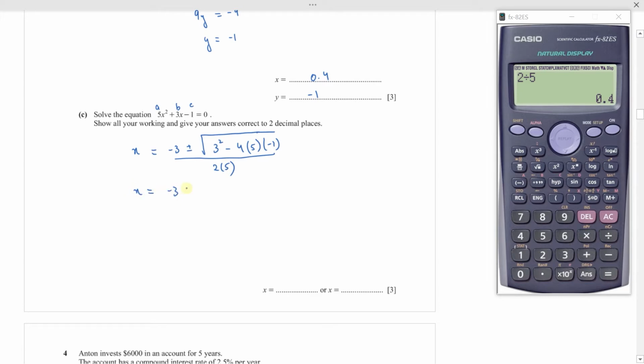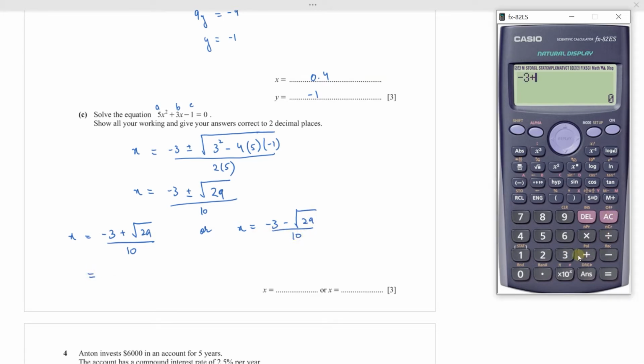So x equals minus 3 plus minus, this will be 9 plus 20, which is square root of 29, divided by 10. So your x equals minus 3 plus square root of 29 over 10, or your x equals minus 3 minus square root of 29 over 10.